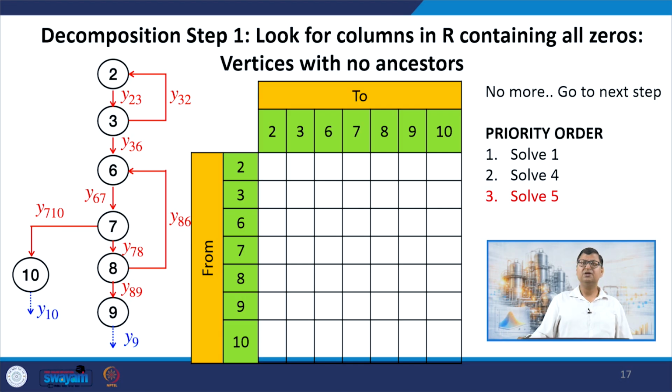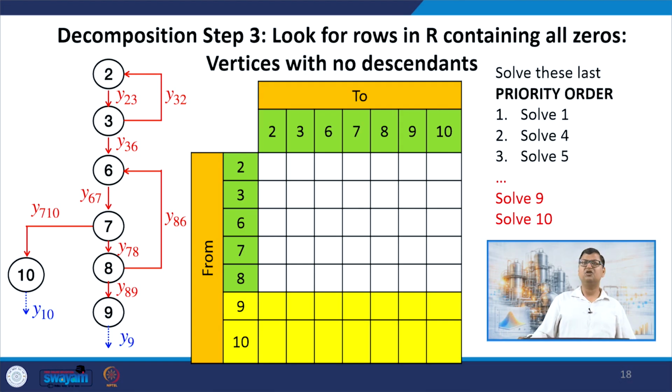In the next step, we look for the rows containing all zeros. These are the vertices without any descendants. What does that mean? Of course, there is an edge coming from another vertex to this vertex, but nothing goes out of there, right?